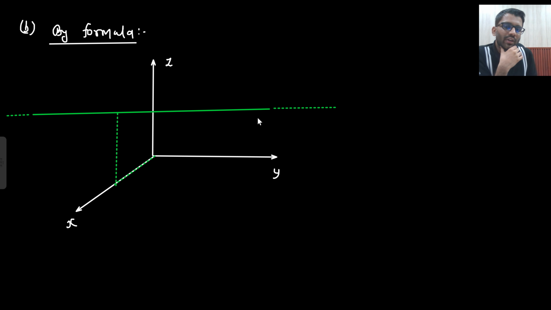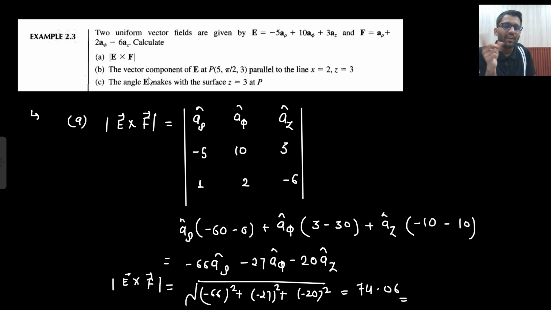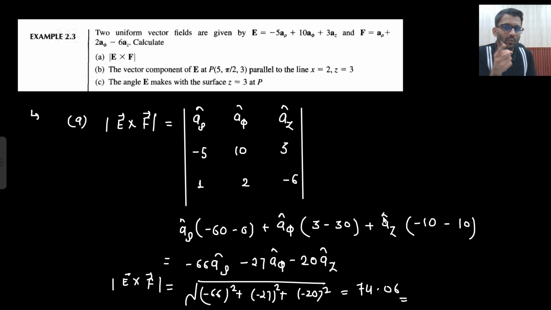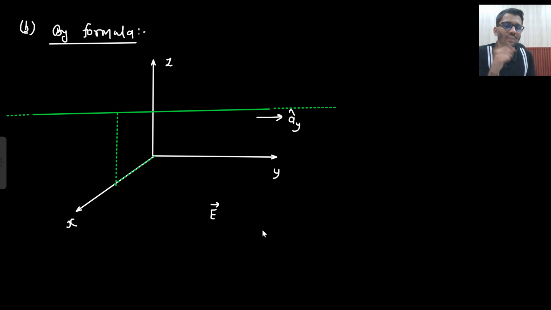So what will be the unit vector in this direction? Ay cap. What you need to find? You need to find the vector component of E at the given point in ay direction. So E dot ay cap.